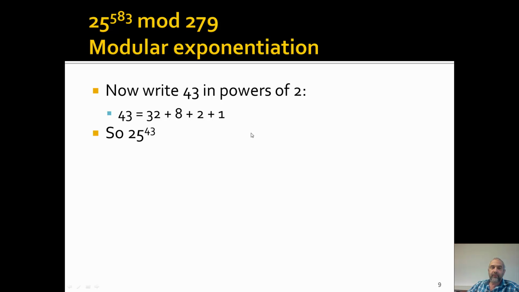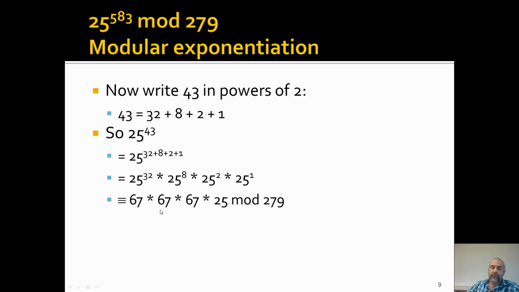So 25 to the power 43 is 25 to the power 32 plus 8 plus 2 plus 1, which is 25 to the power 32 times 25 to the power 8 times 25 to the power 2 times 25 to the power 1. Using the previous slide, 25 to the power 32 is 67, 25 to the power 8 by accident is also 67, 25 to the power 2 is also 67, 25 to the power 1 is 25. So we have these values left.